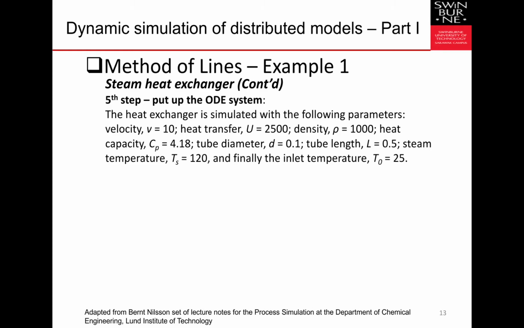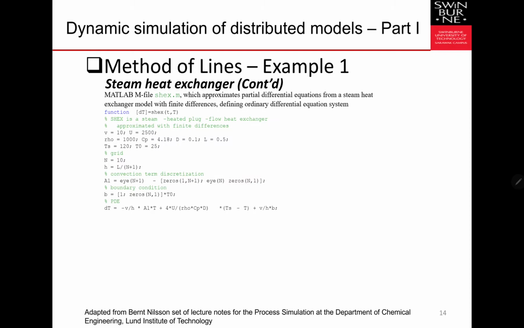Let's say that we simulate the heat exchanger with the following parameter values. The velocity is 10, the heat transfer coefficient 2500, density is 1000, heat capacity 4.18, tube diameter 0.1, tube length 0.5, steam temperature 120, and the inlet temperature 25. We can use this MATLAB code.